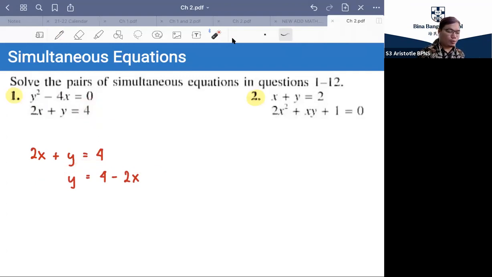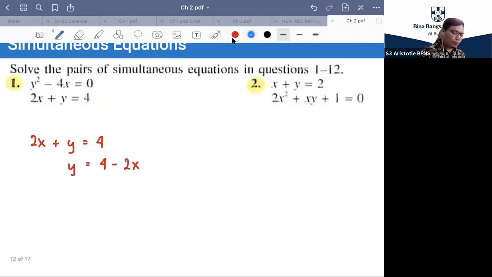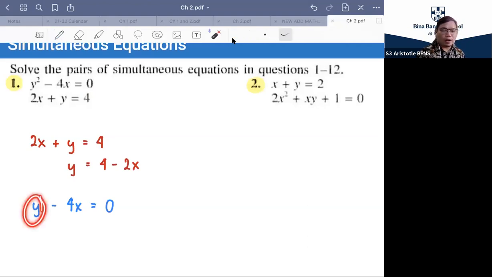I'll use blue for that one. So for this one, y squared minus 4x equals 0. Instead of y, of course, this is now your y value, so I'll use red for that.